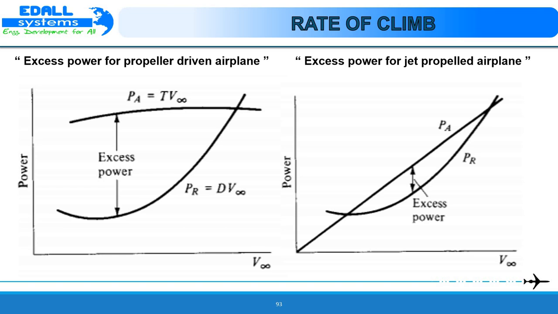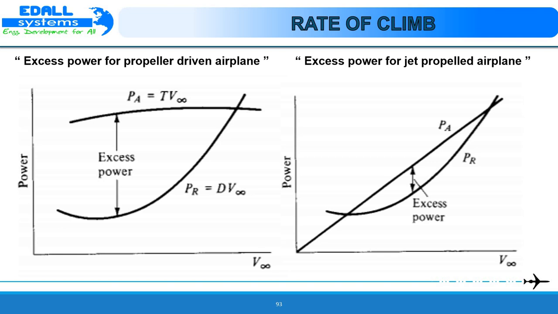Now, consider the same aeroplane in a 30-degree climb at sea level. With the same velocity, V infinity equals 500 feet per second, we get the drag coefficient as 0.0169. This should be compared with the higher value of 0.0175 obtained earlier for the level flight.